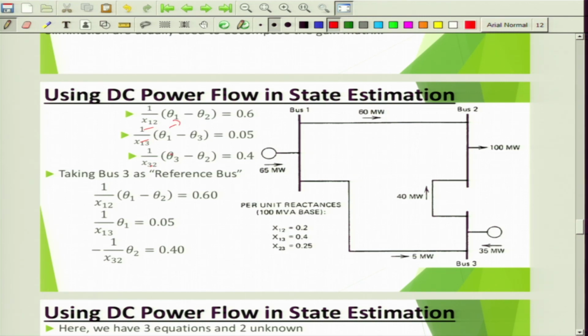You need to find the phase angles. You have the power flow measurement matrix Z, and the line parameters, with which you find the H matrix. You have to find the state variables theta 1 and theta 2. Bus 3 is the reference bus, so its angle is 0, and you need to find the phase angles of bus 1 and bus 2.